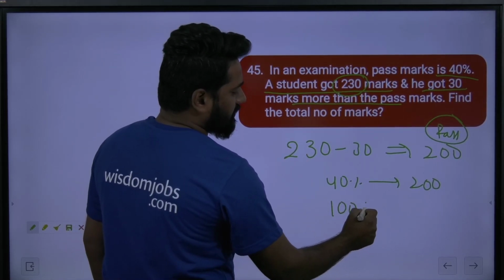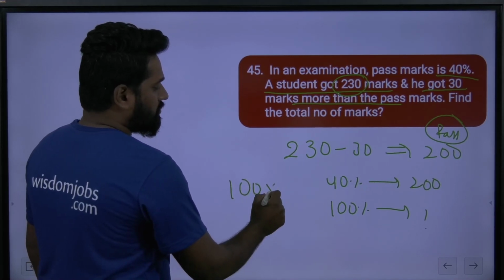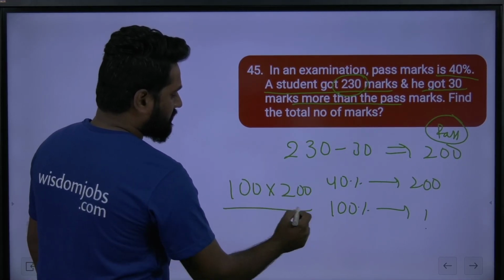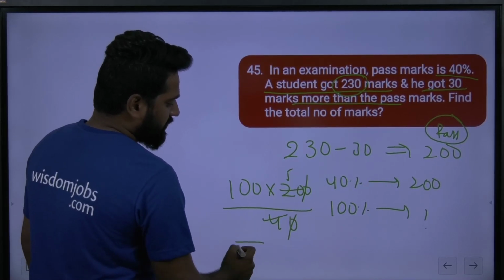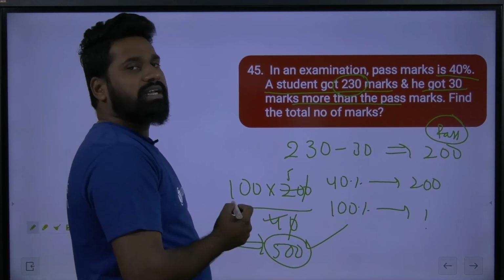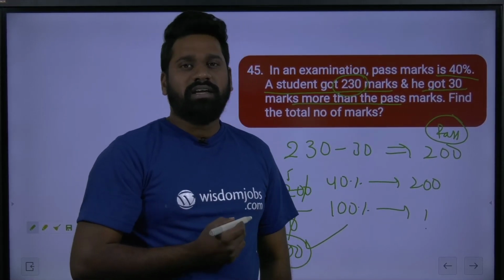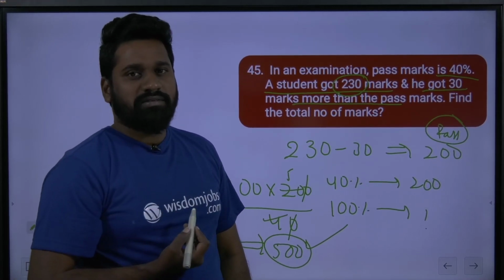Total marks is asked. So how much does it become? 100 into 200 by 40. So your answer becomes 500. Is it clear? So this indicates the maximum marks of the examination. Clear?